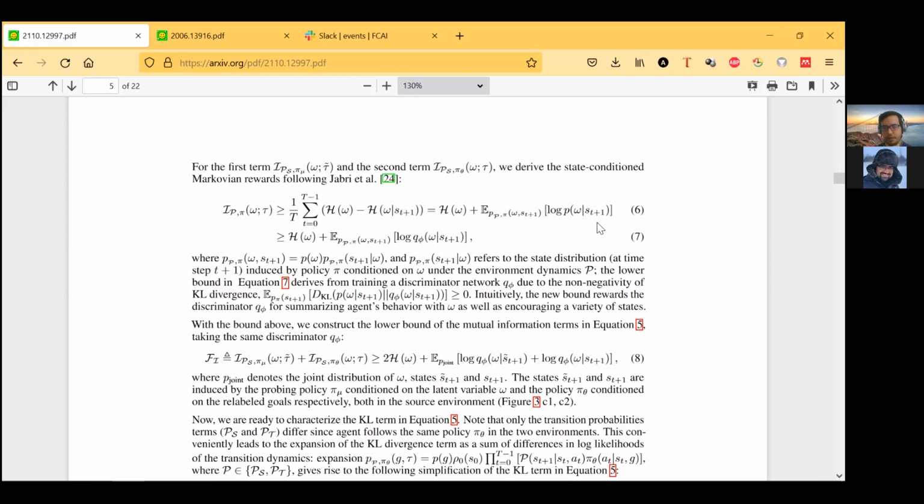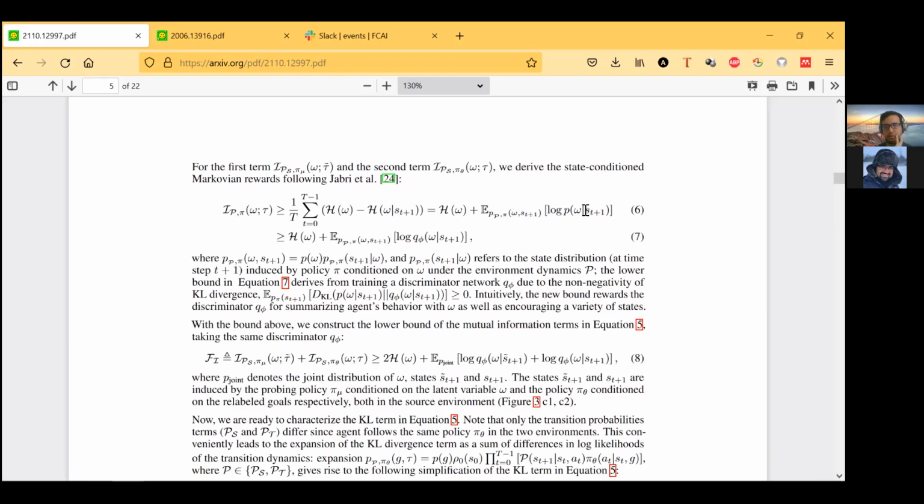And then this part is the expectation over the abstract goals to generate and the induced state distribution of this log probability. So the probability of being in a specific goal given a particular state.